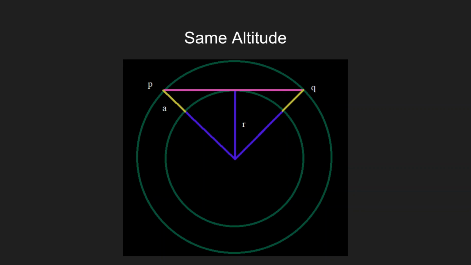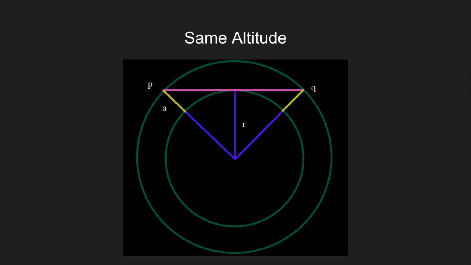You may notice that there are triangles here that we can work with. So we have a triangle with a side length of P to Q, which is the distance we want to find.